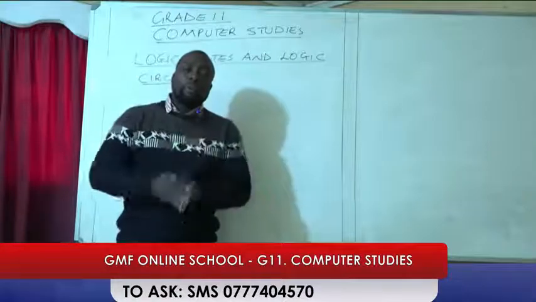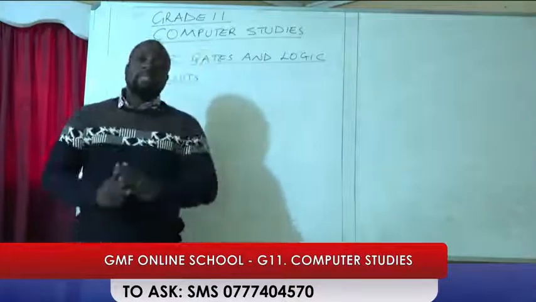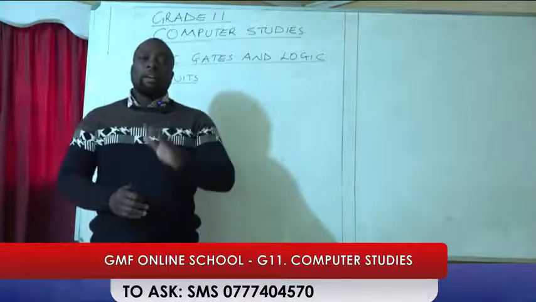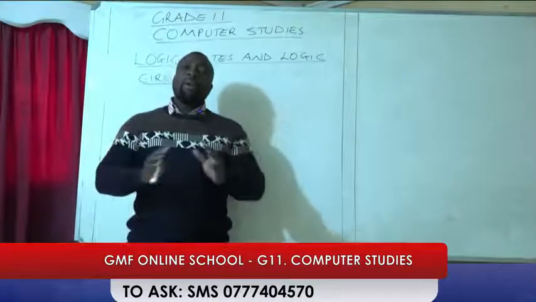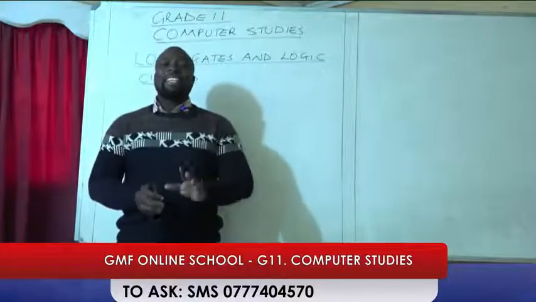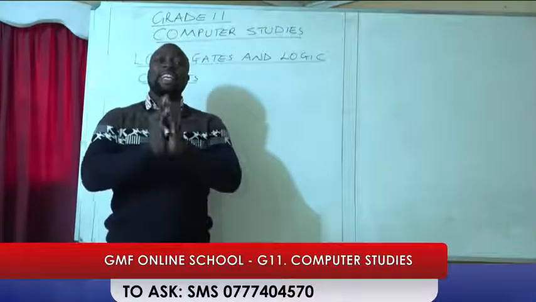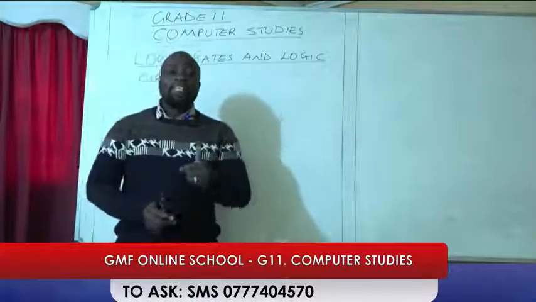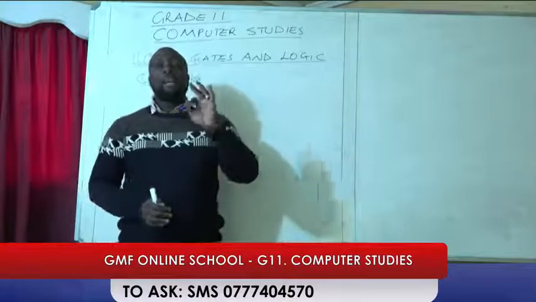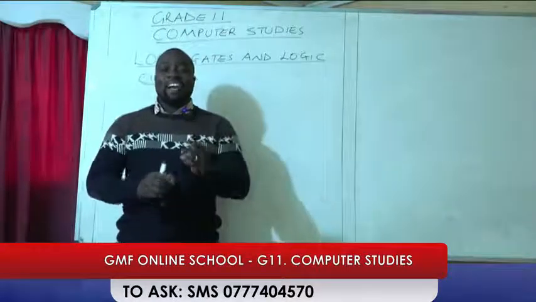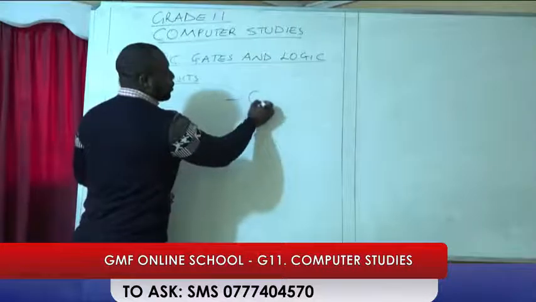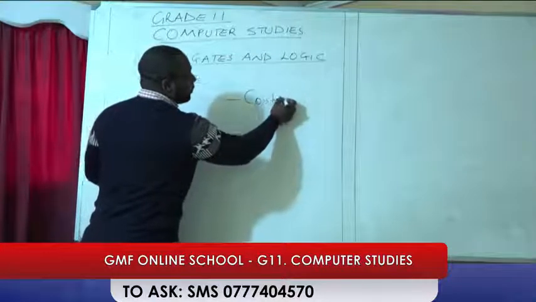Before we go deep into the lesson, let me give you a bit of the background of this topic. This topic is coming from the lesson that we learned some time back, and that is the central processing unit. Remember that the central processing unit comprises 3 components. These are, number 1, the control unit.